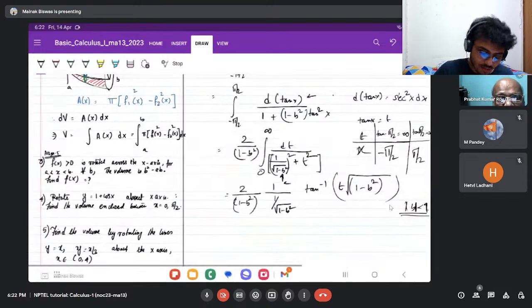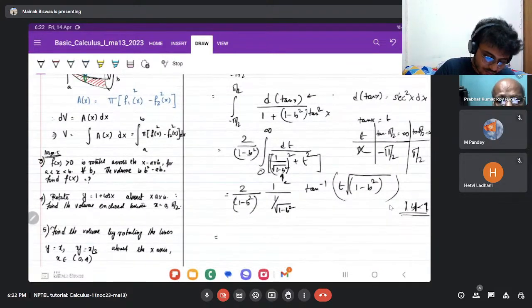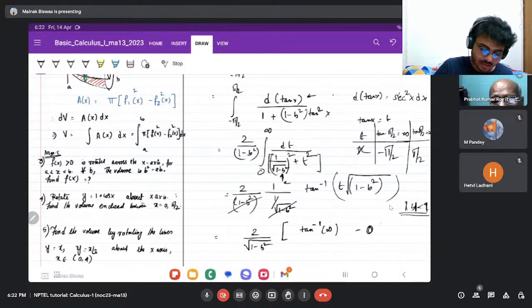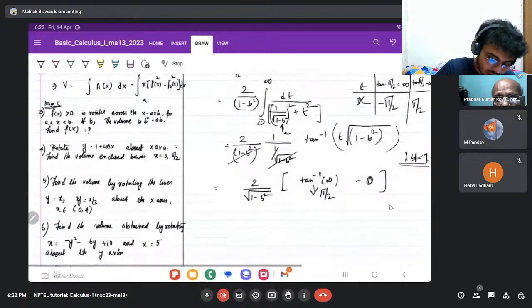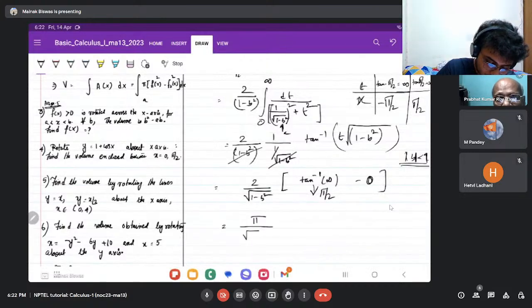So now if I cancel this, you get 2 by root over 1 minus b square, and the integral becomes tan inverse infinity minus 0, right? So this is pi by 2. So you get pi by root 1 minus b square. Agreed?